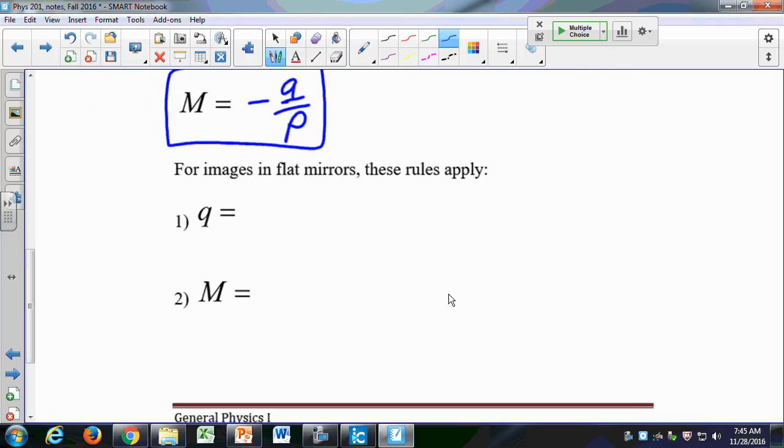Now for images and flat mirrors, we have these rules. First of all, Q is equal to negative P, which we've already said. That tells us that the image is virtual, and also that the image is behind the mirror.